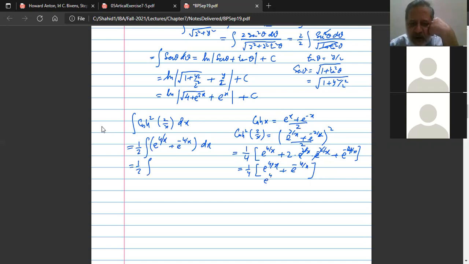E power 4 by x plus 1 upon e power 4 by x, which after taking LCM becomes e power 8 by x plus 1 upon e power 4 by x, which can be written as e power 4 by x, whole square, plus 1 upon e power 4 by x.